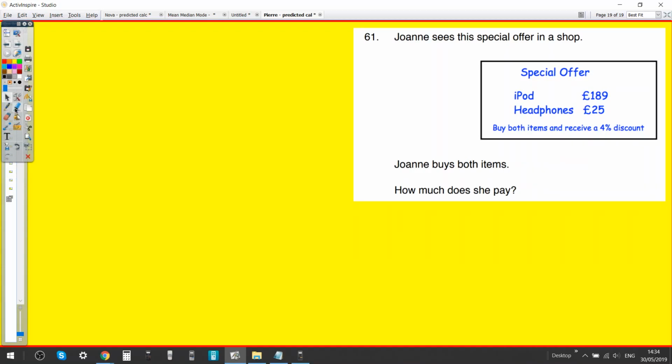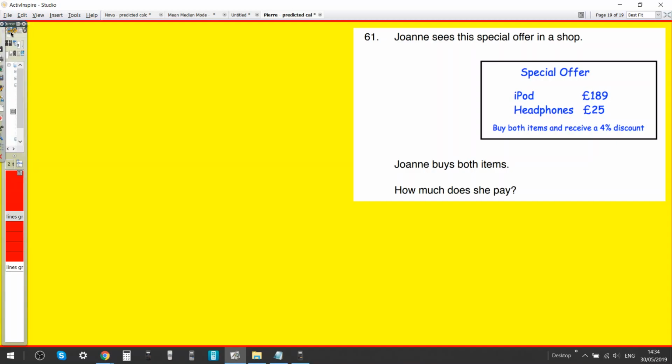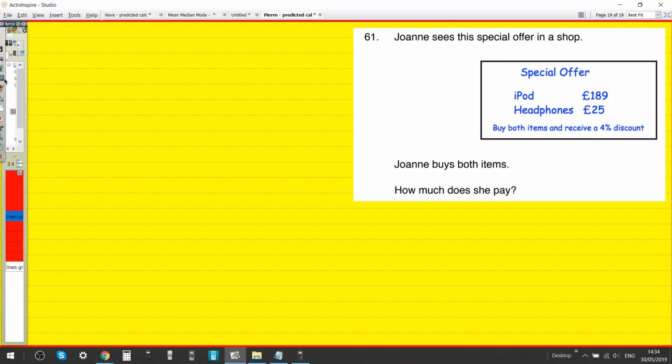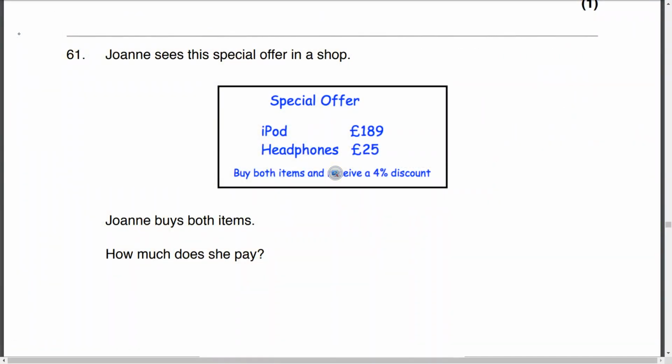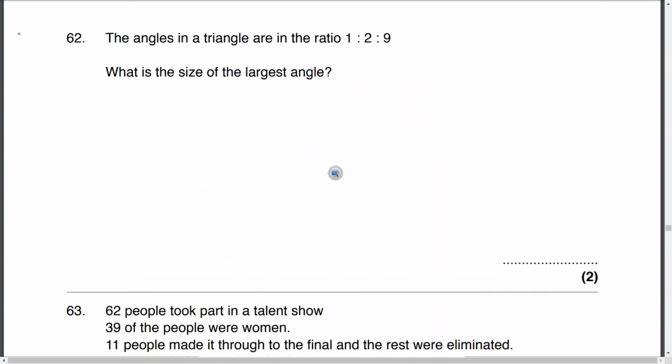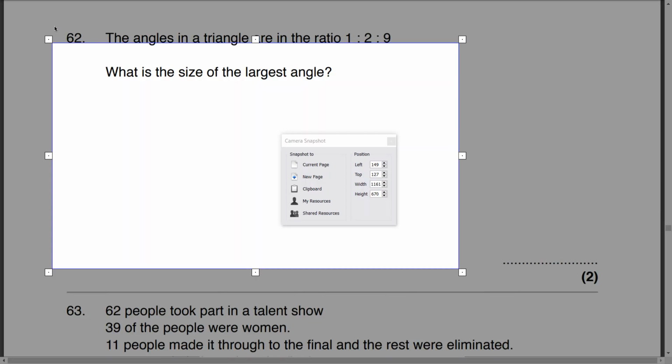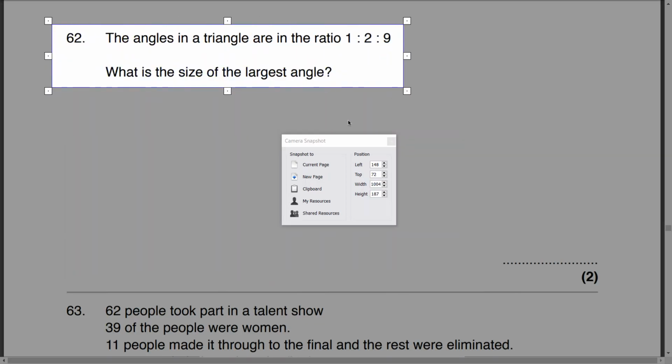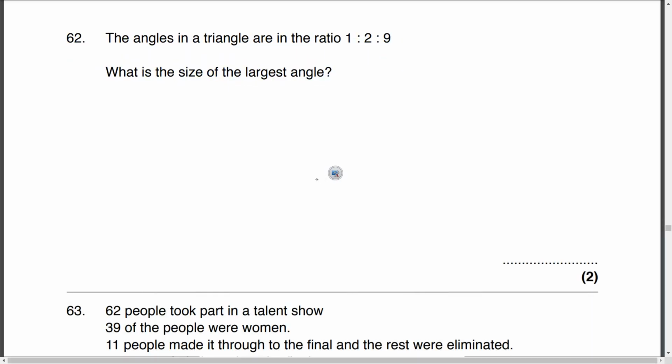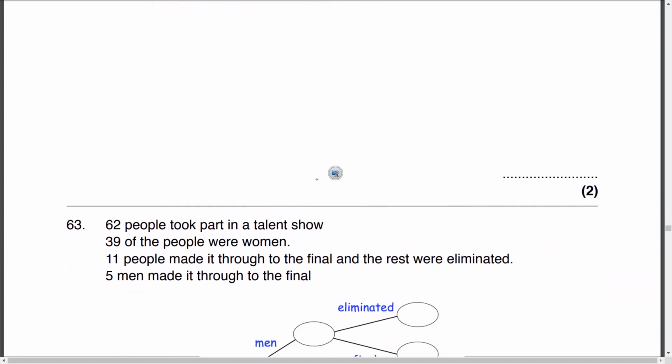Okay, how much does she pay? So, she's special for shop. Both items receive a 4% discount. So both items come to a total of £214.